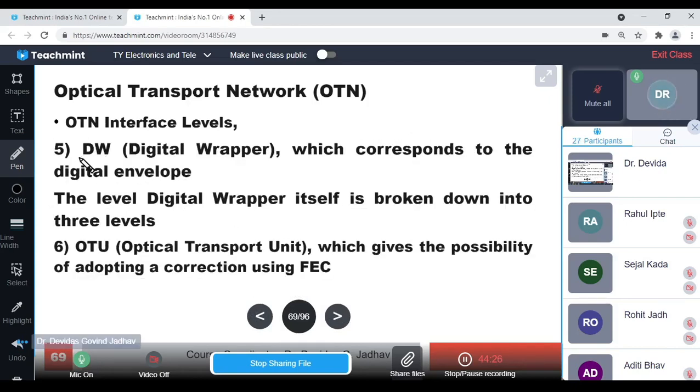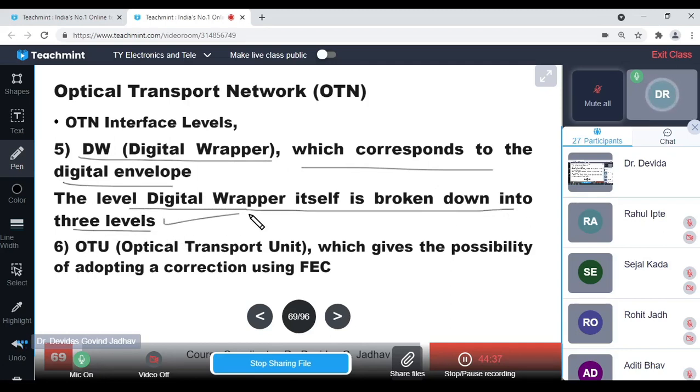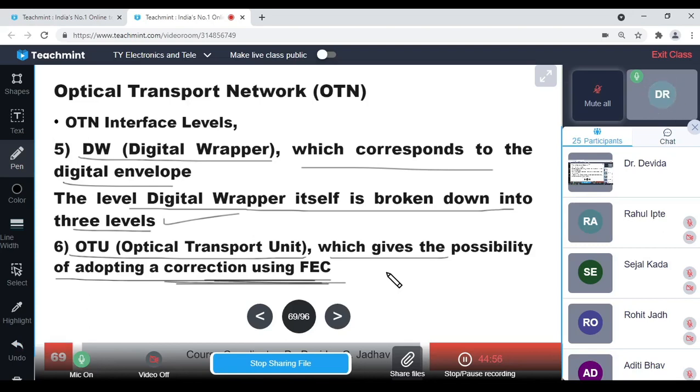Then the digital wrapper corresponds to a digital envelope, and the digital wrapper level itself is broken down into 3 levels. And OTU, optical transport unit, gives the possibility of adopting corrections using FEC, that is forward error correction.